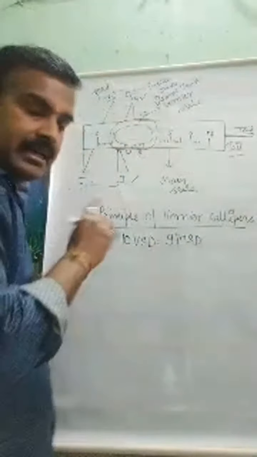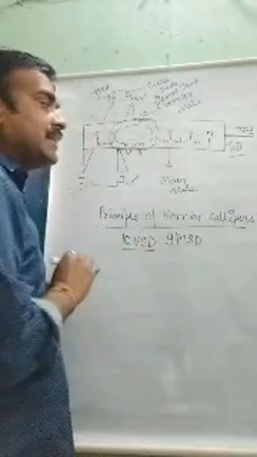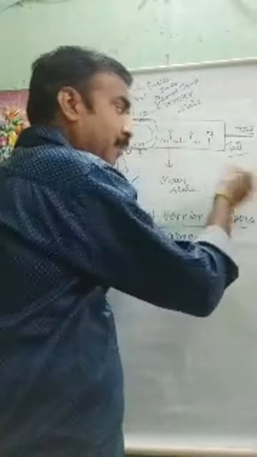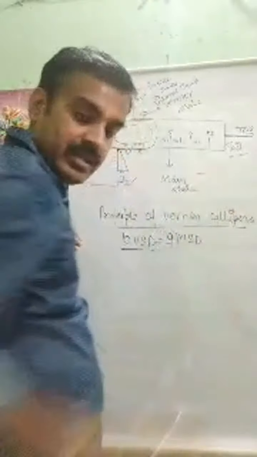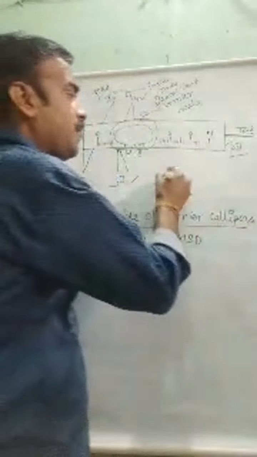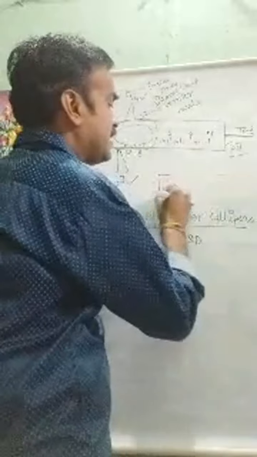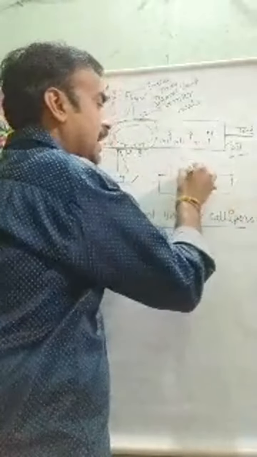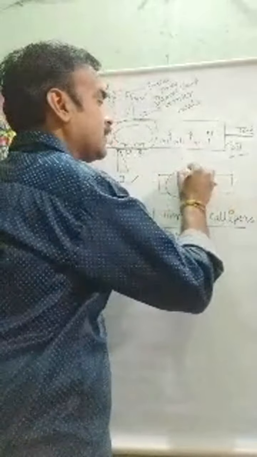Okay, 10 Vernier scale divisions, that means I am going to draw the diagram here. Suppose this one is the main scale. Here, see the diagram. Suppose this one is the main scale, and here is the Vernier scale.